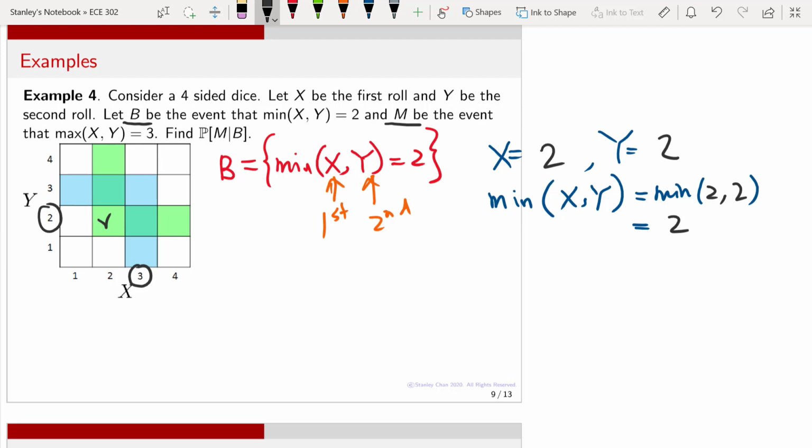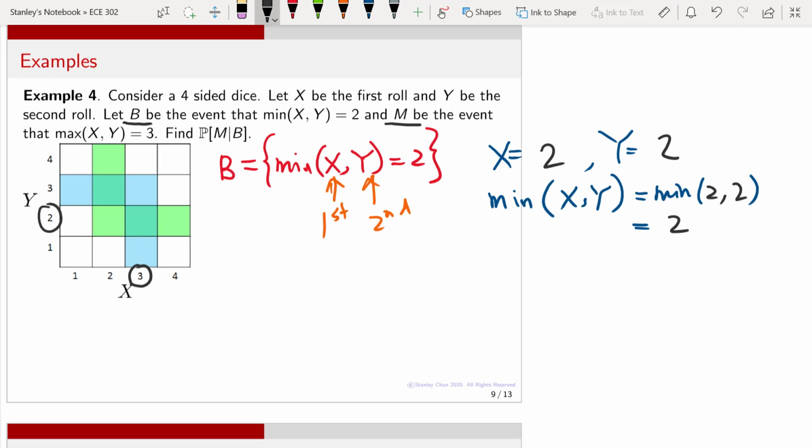When you go to x equals 3, y equals 2, the smaller of these two is the number 2, so that is included. And you keep doing it, and you can see that whenever the smaller number is 2, that will be included. Here x is 2, y is 2, here x is 3, y is 4, and all these will give you a minimum of 2. Same for these numbers. So now you have found the green boxes to represent this event B.